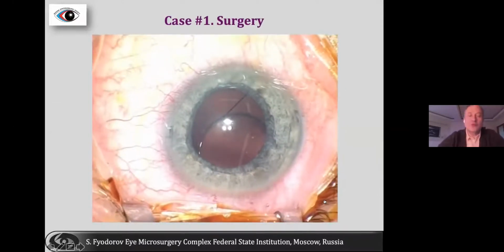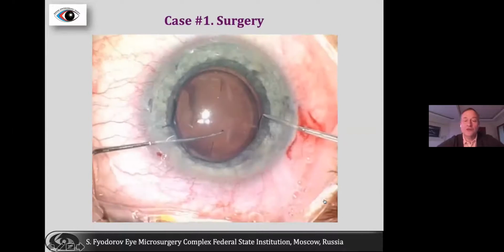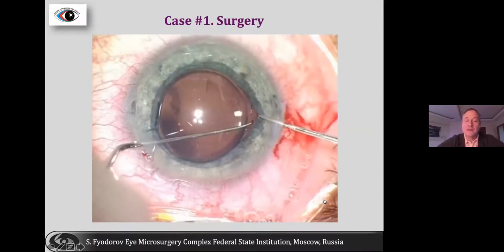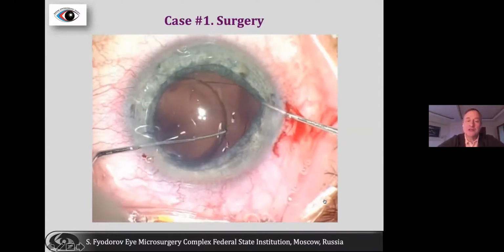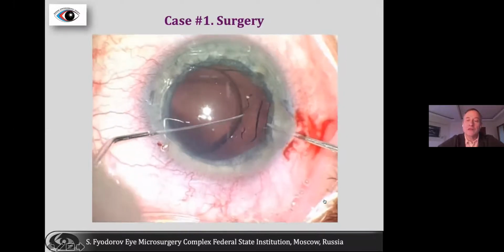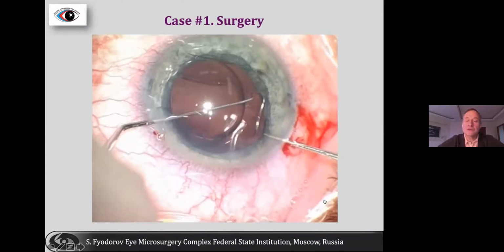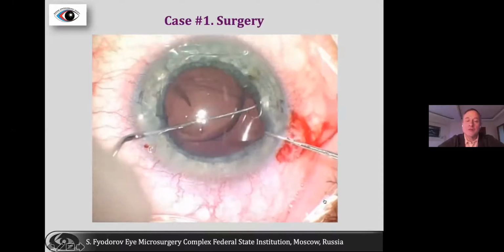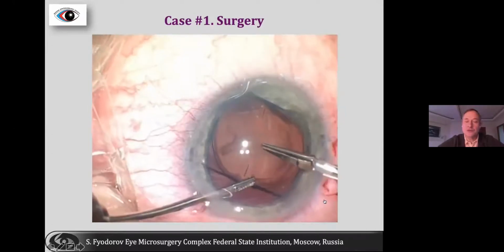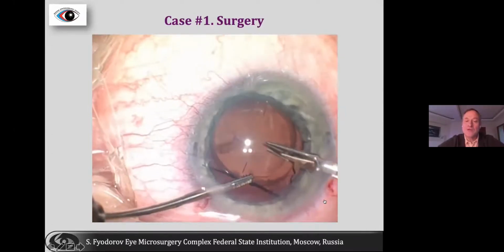So what should we do here? Obviously, we need to explant this lens and consider exchanging it, because the reason for this dislocation was the problem with capsulorhexis, which had a radial tear.